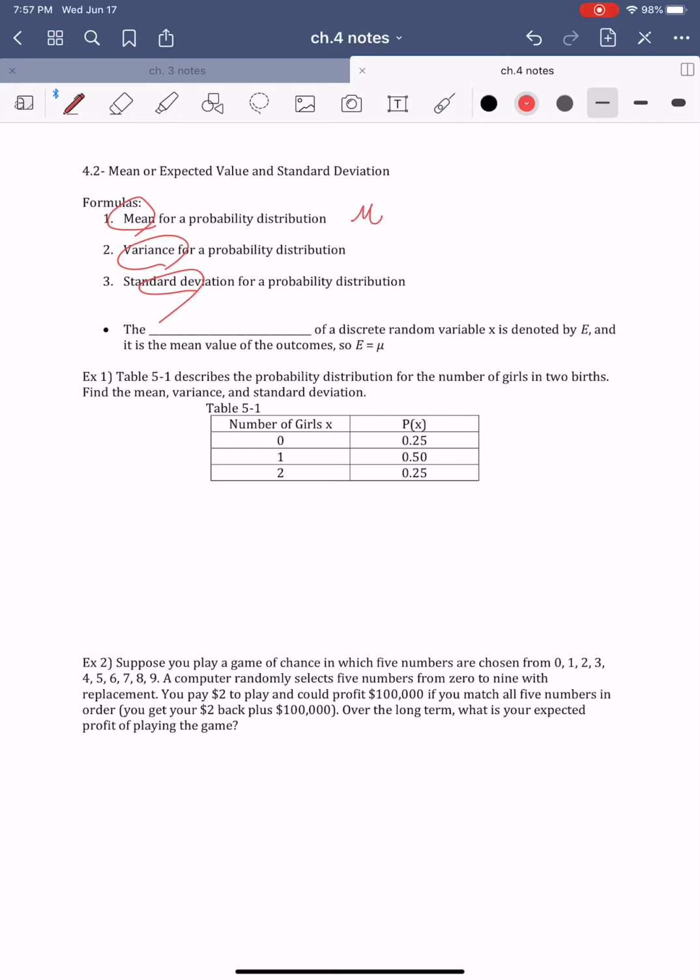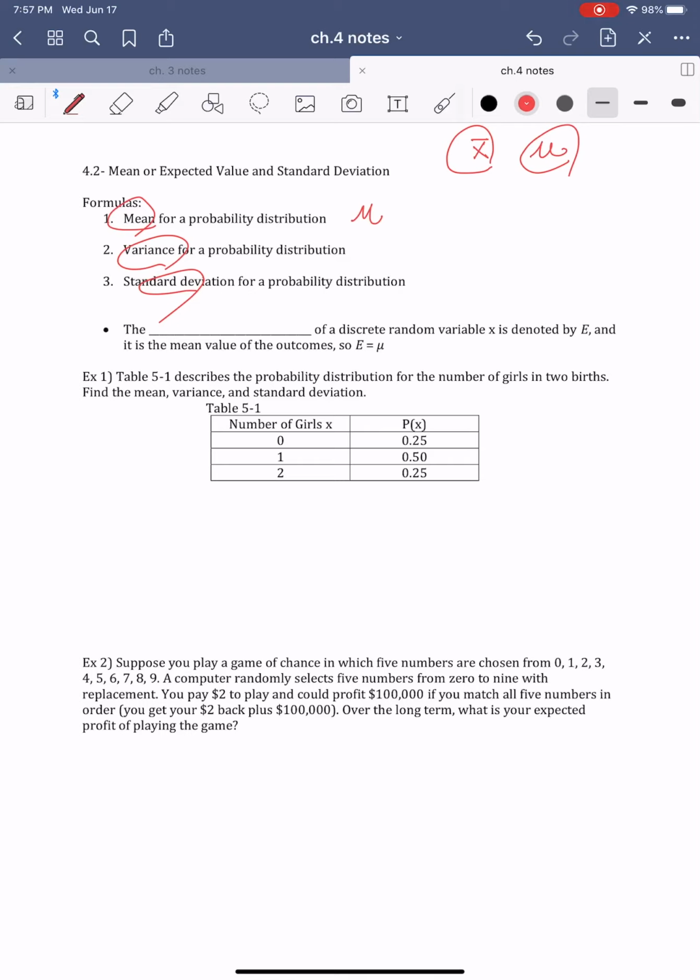Now, go back to chapter 1 and 2. I talked about, or chapter 2 particularly, in the part 2 lecture note video, I talked about the difference between X bar versus mu. Remember, X bar is a sample mean, and mu was a population mean, and I mentioned that in chapter 2, don't worry about the difference between X bar and the mean.